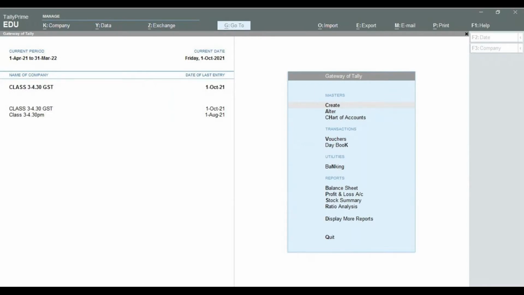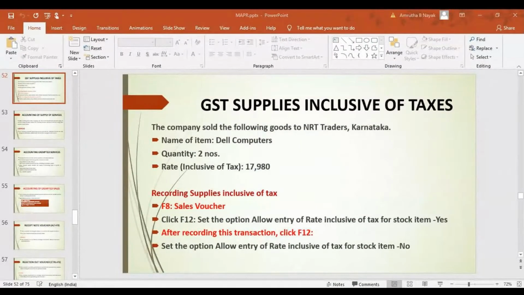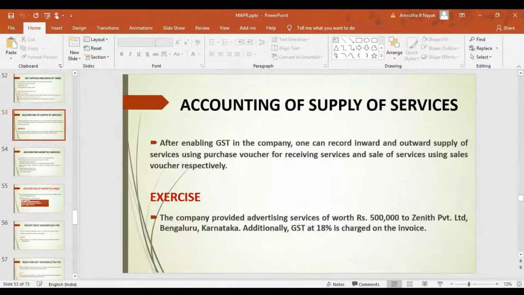Next, we will do with the services. So, accounting of supply of services.